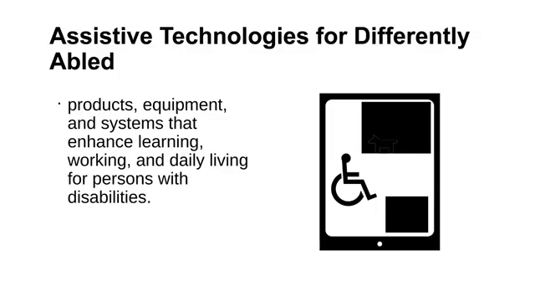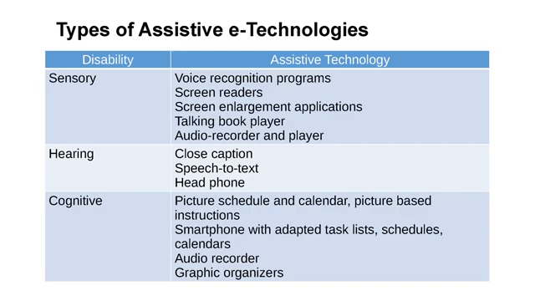Now, to address the problems of accessibility experienced by the differently abled, we have assistive technologies for them. Assistive technologies are products, equipment, and systems that enhance learning, working, and daily living for persons with disabilities. There are different types of assistive e-technologies depending on the disability.